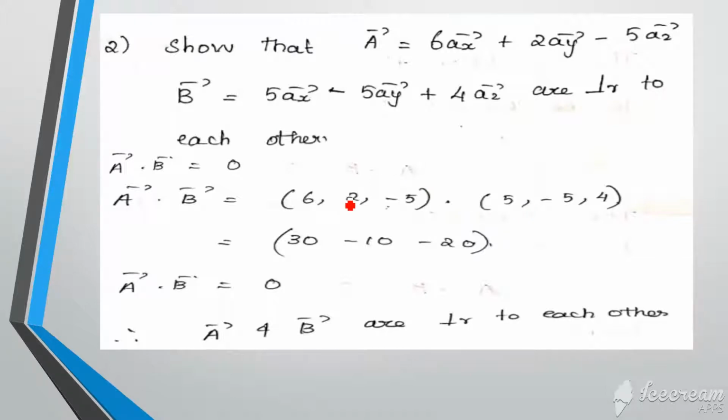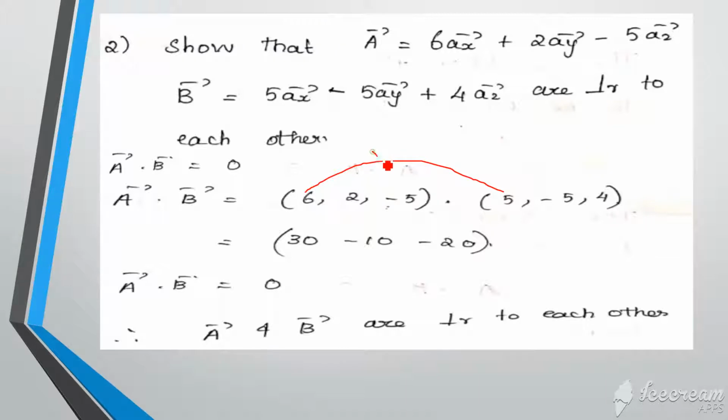Now in dot product, simply multiply with respect to corresponding coordinates, because we have already derived ax dot ax is equal to 1, and ax dot ay and ax dot az are equal to 0. So for dot product we need to multiply corresponding components.